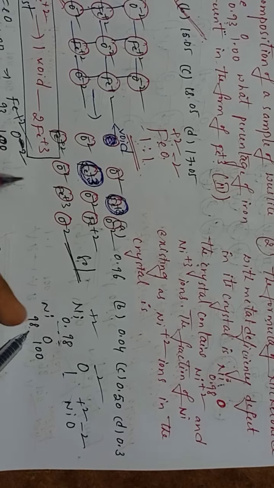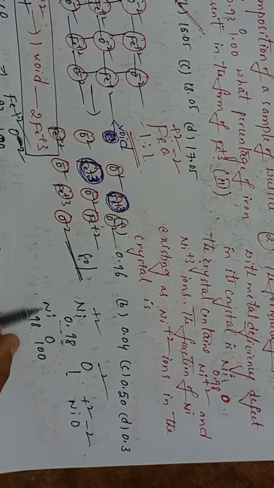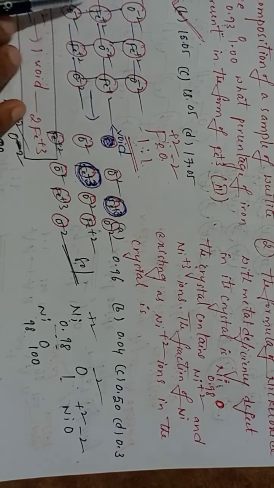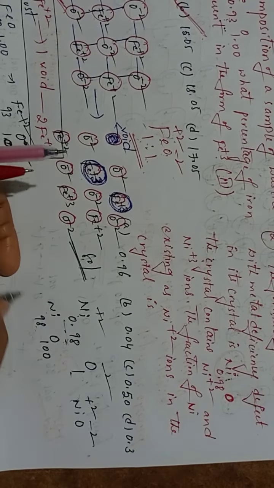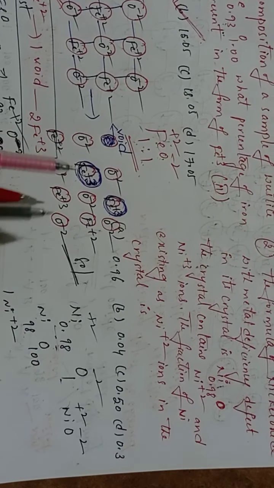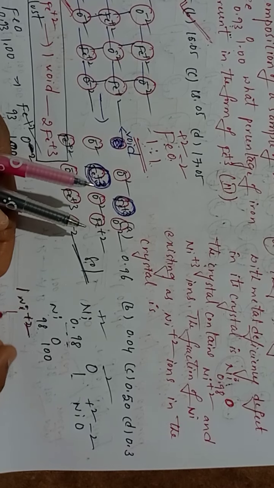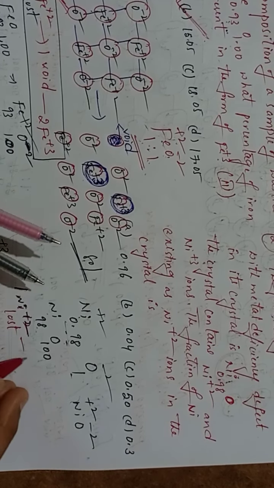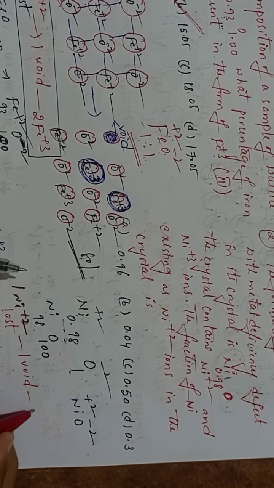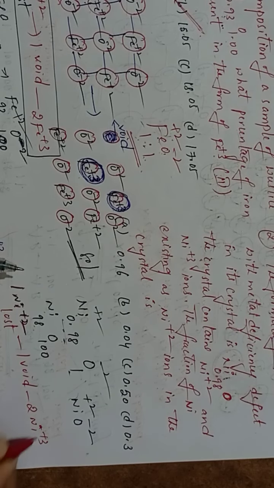How many does one lost metal create? Just as I discussed for iron, remember: if one Ni plus 2 ion is lost, one vacancy is created, and 2 Ni plus 3 ions are produced.